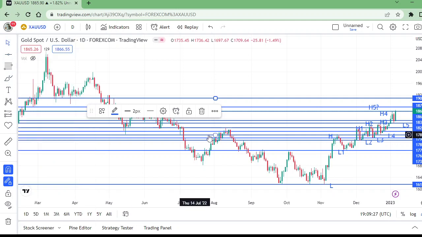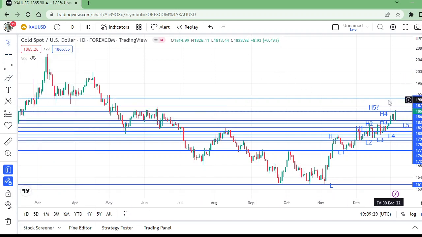Now what is expected? 1879 is expected as a new high, and from that it will come down. I'm expecting that it will be up. This is L5 at 1824.